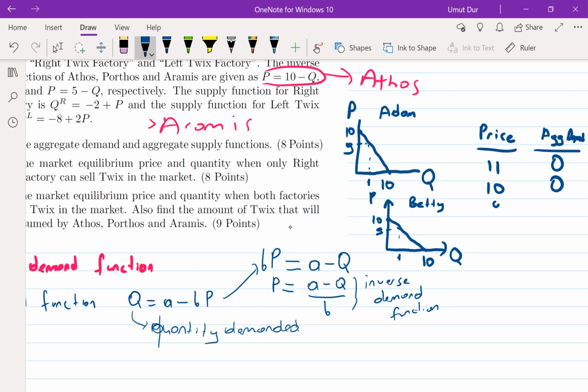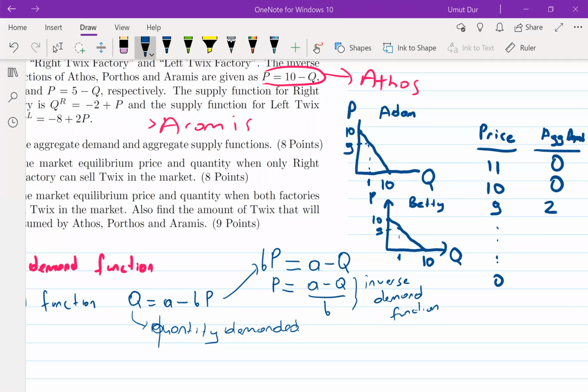Which means that when the price is 9, how much will they demand together as an aggregate demand? It will be 2. One will come from Adam and the other one will come from Betty. And suppose that if you go like this, and if you look at the price level of 0, how much will they demand together?